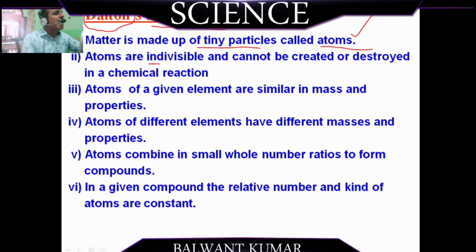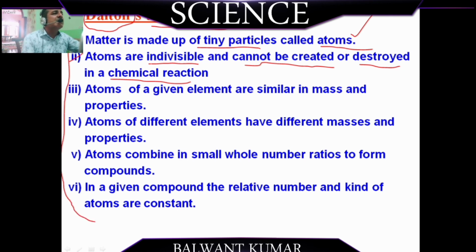What next is that atoms are indivisible, which means they cannot be divided and cannot be created or destroyed in a chemical reaction. He said that the atom is indivisible. At a later stage, you will study that John Dalton gave absolutely many correct pieces of information about the atom in his theory.